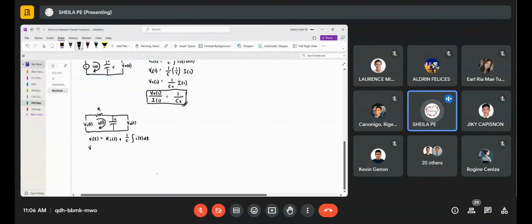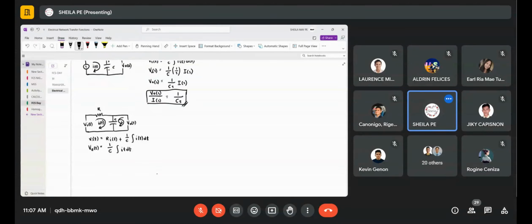So V out, and you take the loop for our V out here. So V out is just 1 over C integral of IT dt. We make a loop here, we'll also make a loop here. Even if you make a loop here, it's the same, class, because it has the same end point.